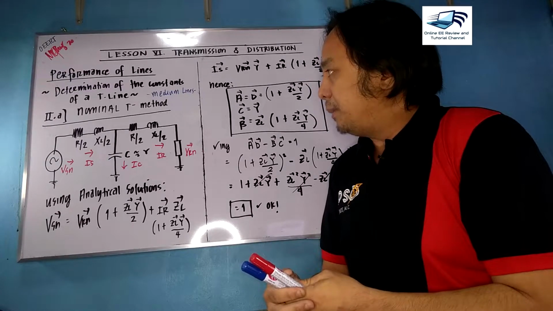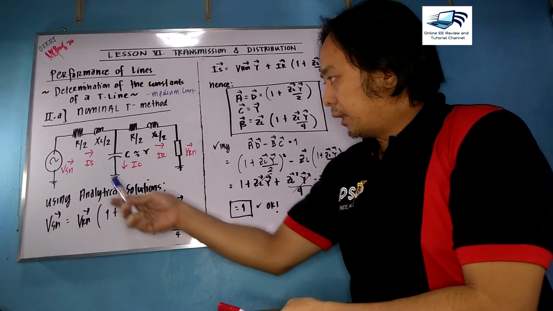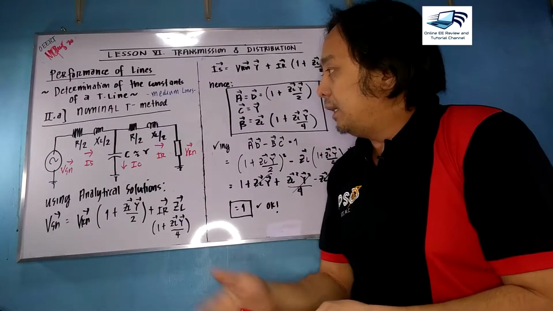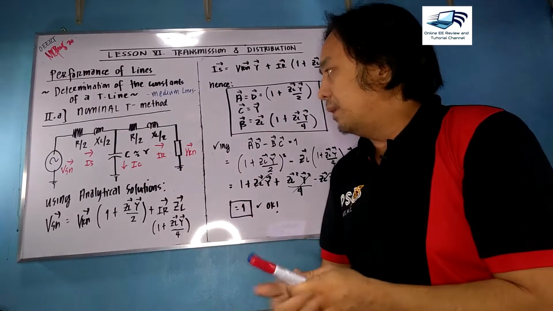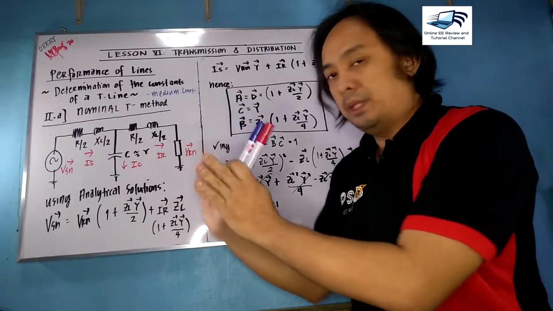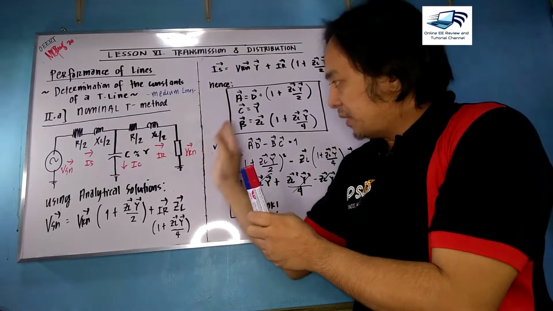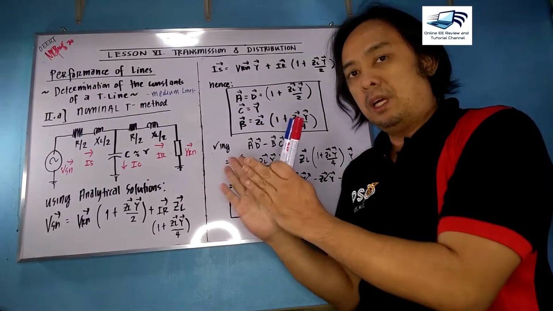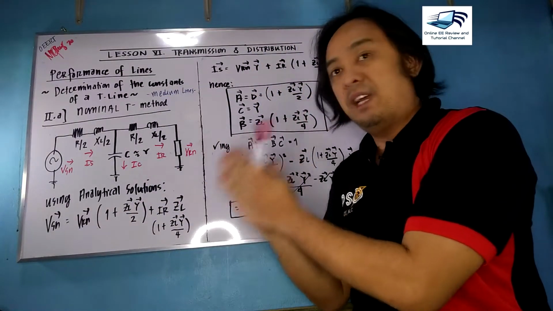From the nominal T method, your capacitance is lumped on the midsection, and the series impedance is distributed on the receiving end and on the sending end. They are distributed by halves.